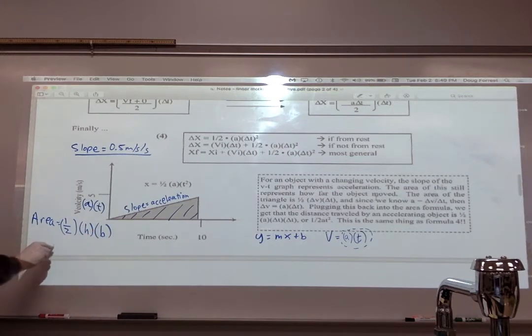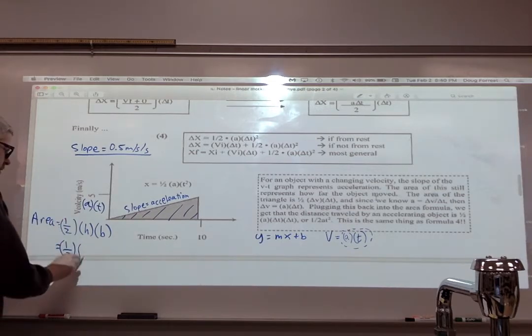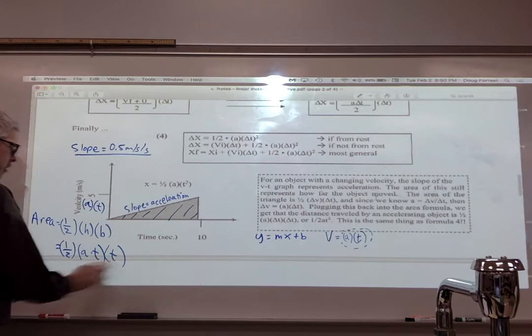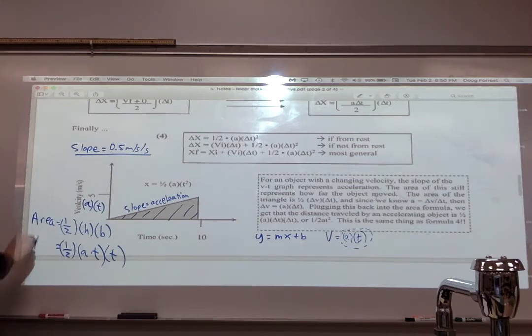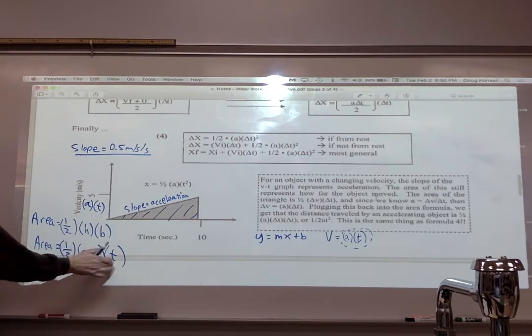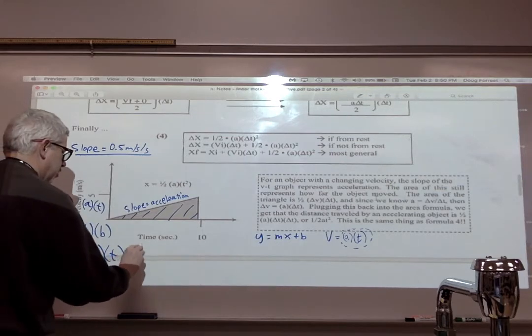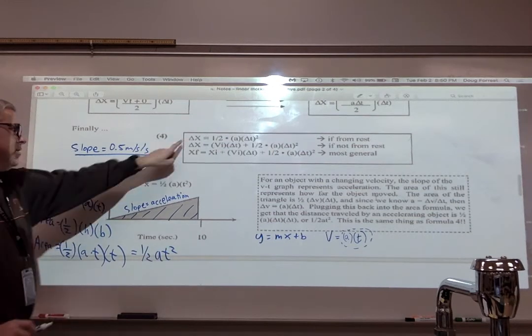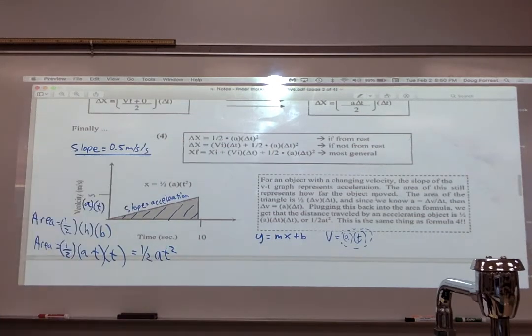In this case, that area, 1/2. I could say velocity, but I could also say acceleration times time. And on this axis, it's time. So I get the area is equal to 1/2 acceleration times time times time. And that is 1/2 AT squared. That is this fundamental version of this formula.